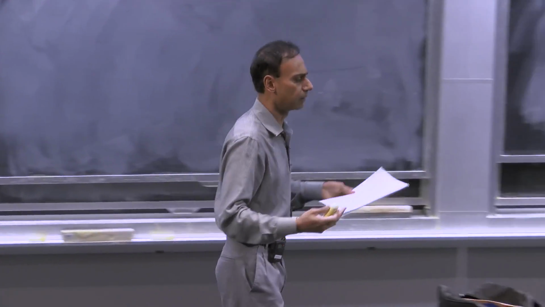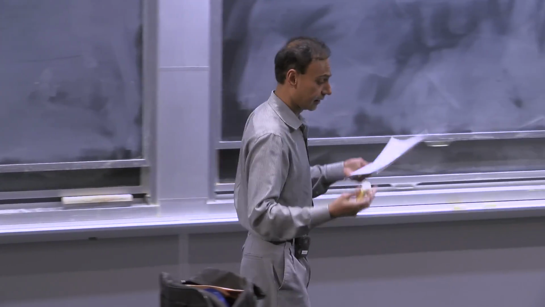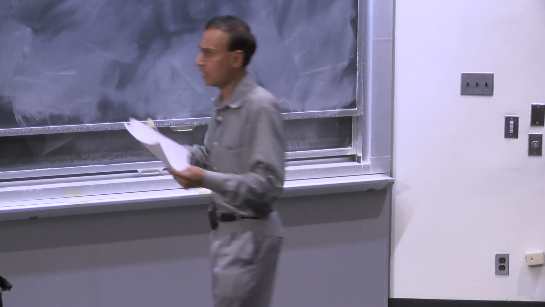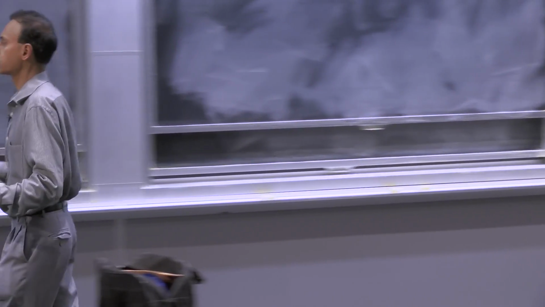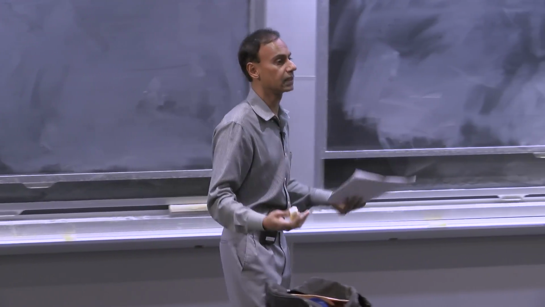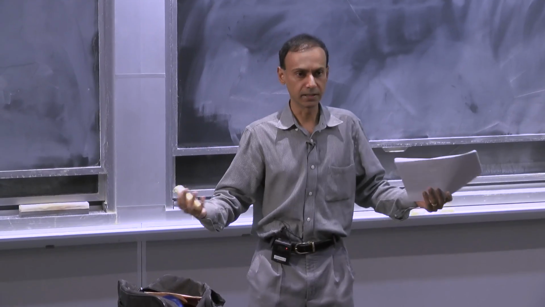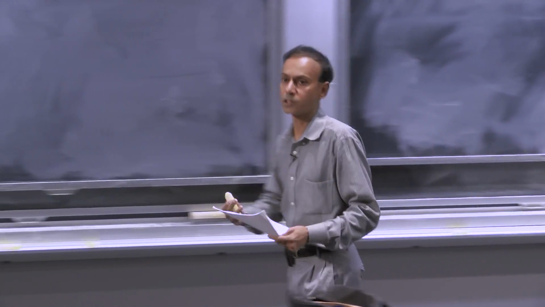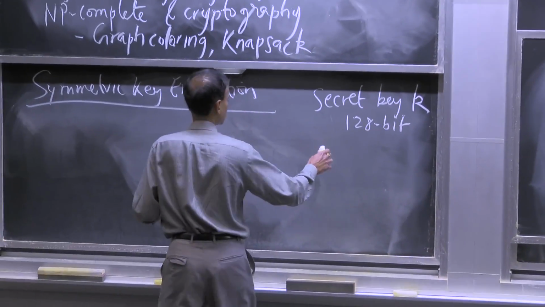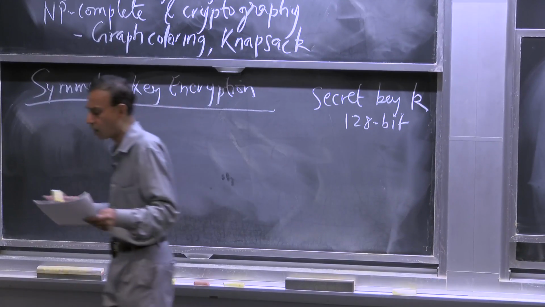With parallelism and with fast computers, it's a little worrisome that the adversary only requires 2 raised to 64 work to enumerate all possible secret keys of 64 bits, right? So 2 raised to 128 is much better. And this is shared between Alice and Bob.